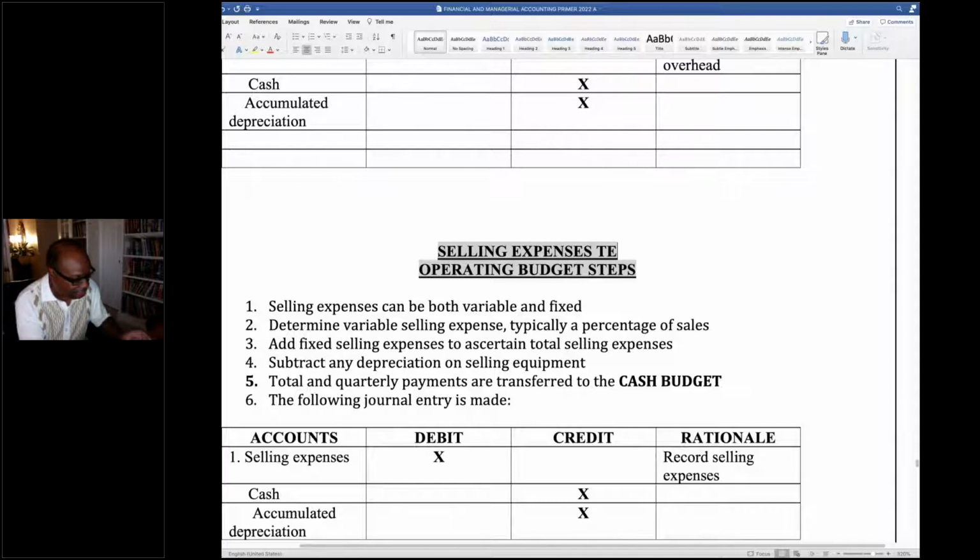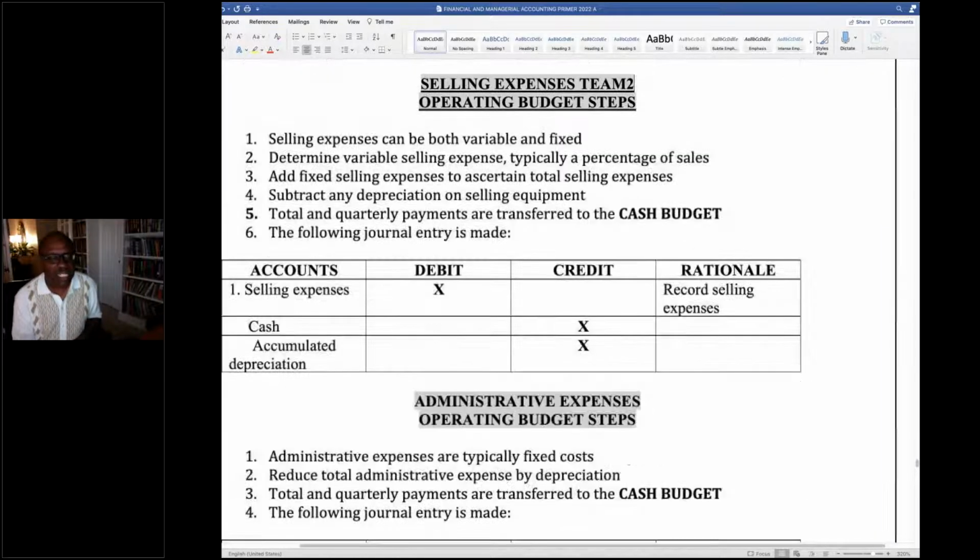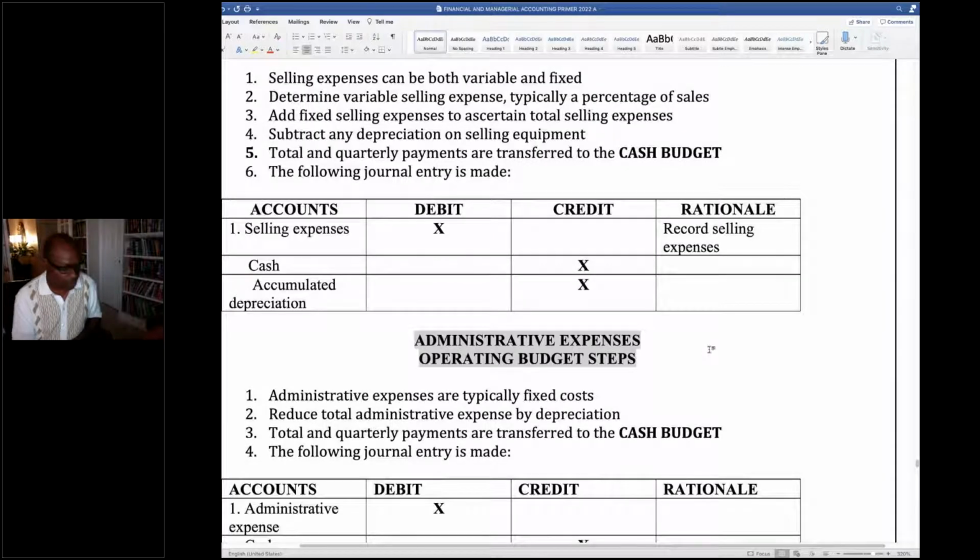That's not the hardest one. Is team 1 in the house? Team 1 once. Team 1 twice.